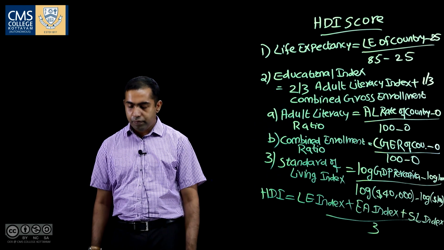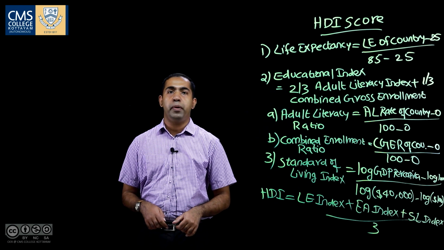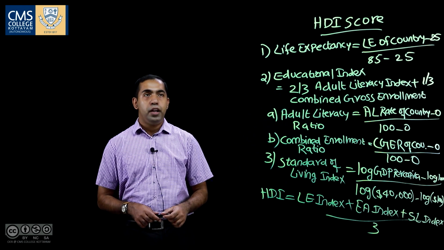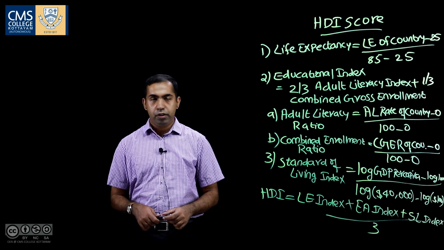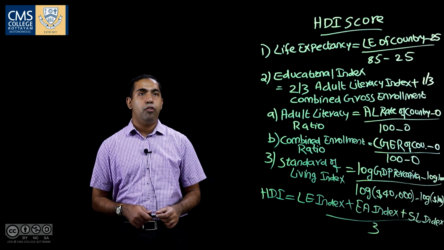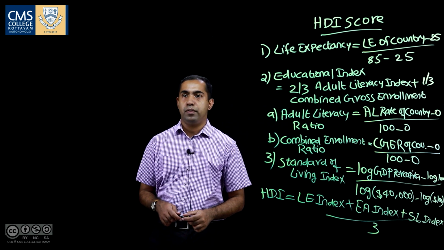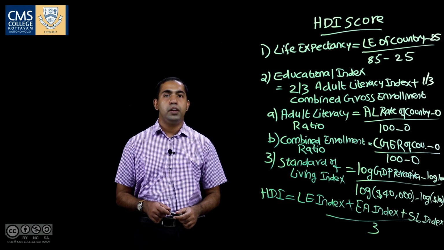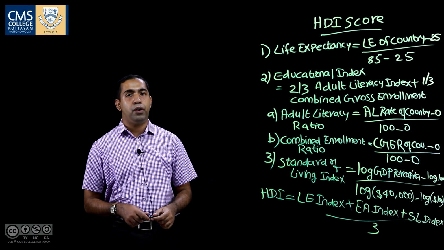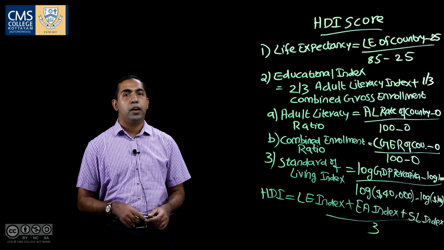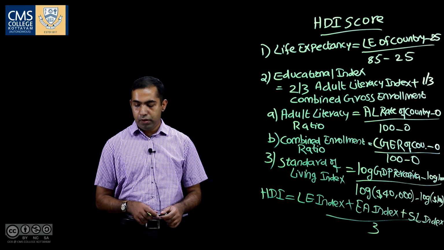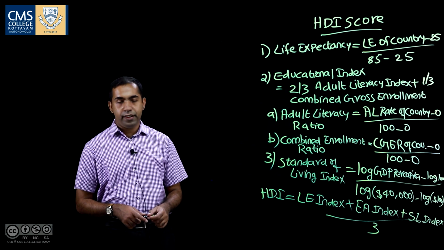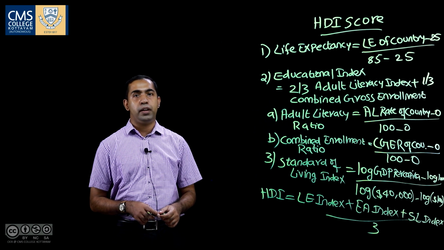Next is regarding the advantages of the human development index. The first advantage is that it takes into account the income factor in determining the well-being of less developed countries. So the human development index incorporates the income factor, that is the standard of living index, for measuring the condition of less developed countries. The second advantage is that it raises the importance of social indicators.